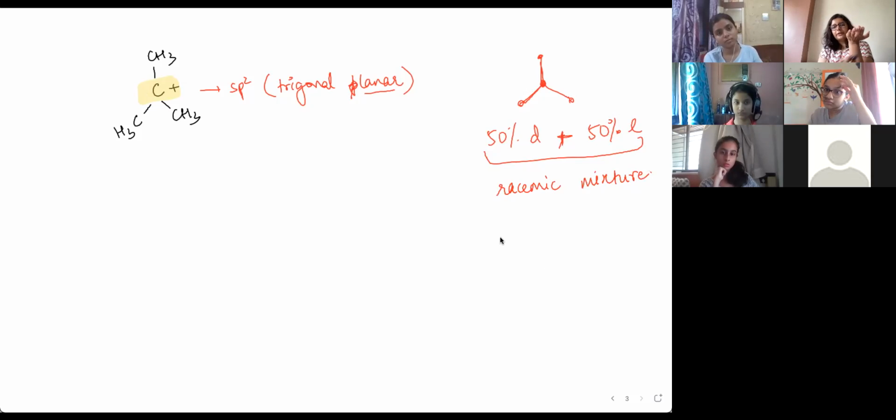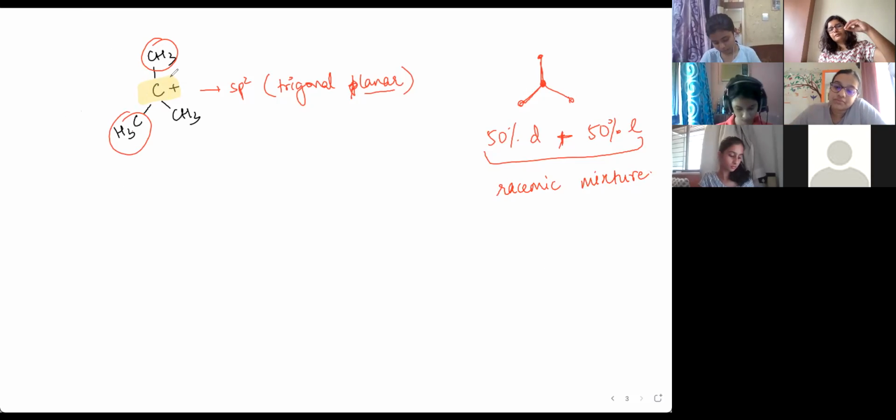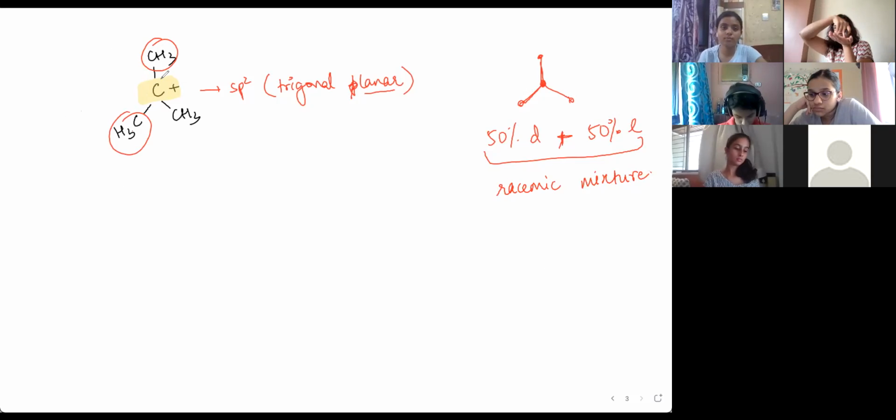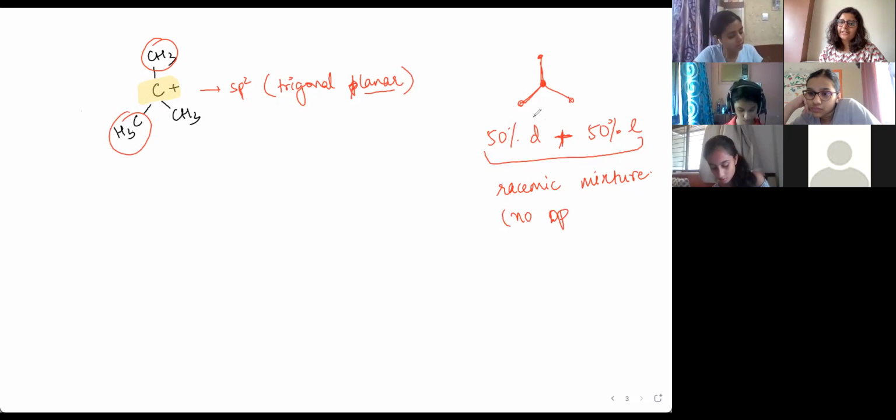Either top or bottom, in front of the screen or behind the screen, or if the plane is horizontal, from the top or from the bottom. This 50-50 mixture is called a racemic mixture, and it will show no optical activity because whatever rotation dextro causes, the levo cancels out. Both are 50-50.